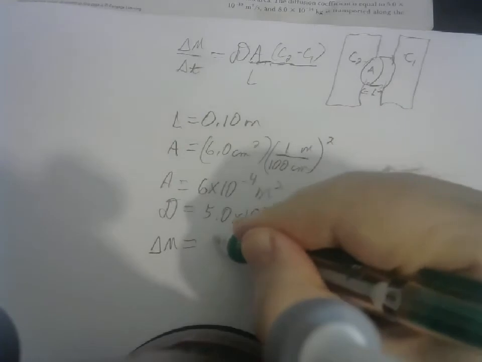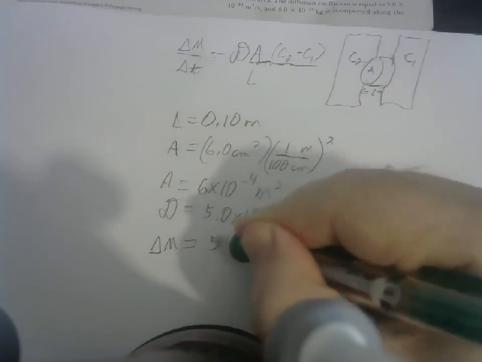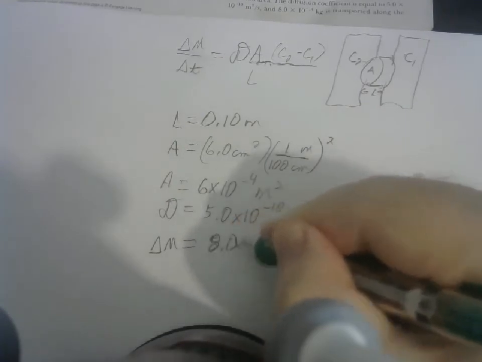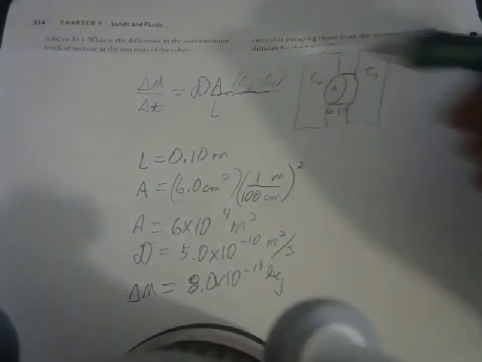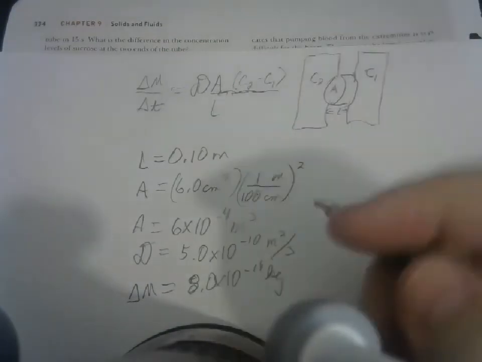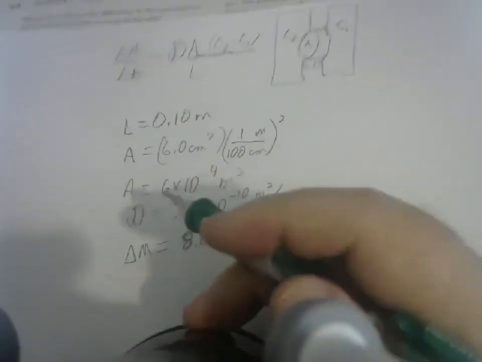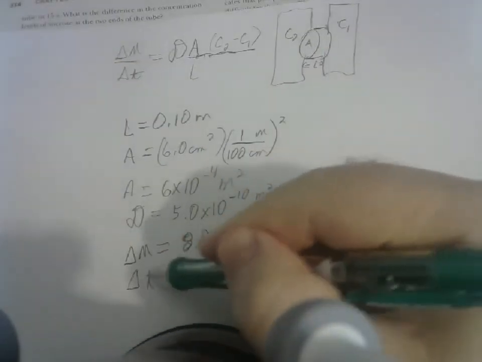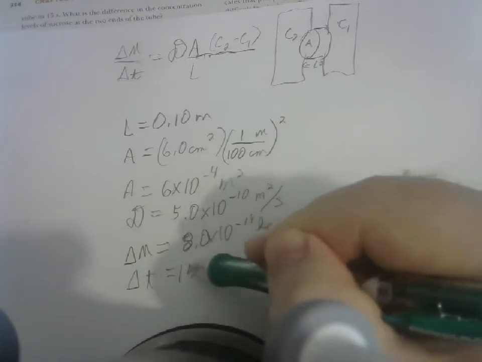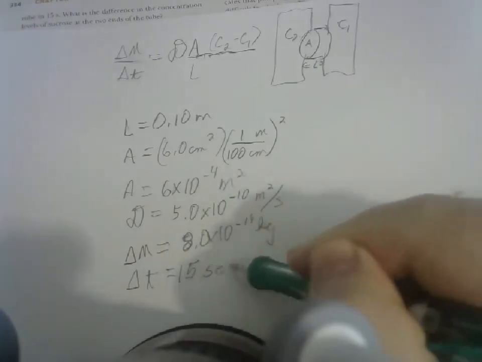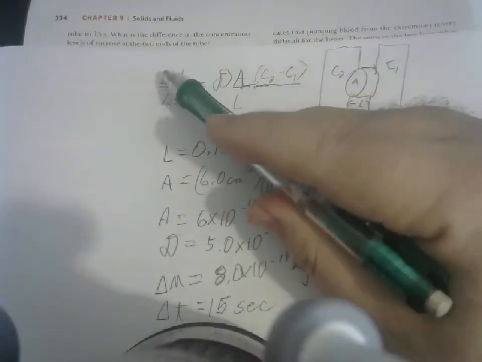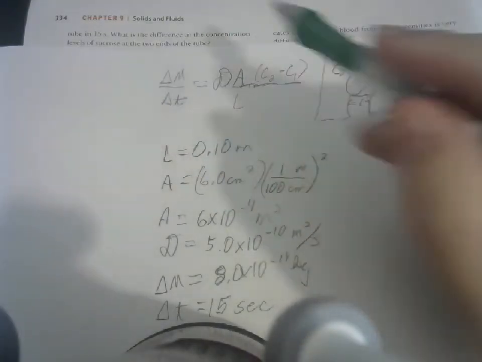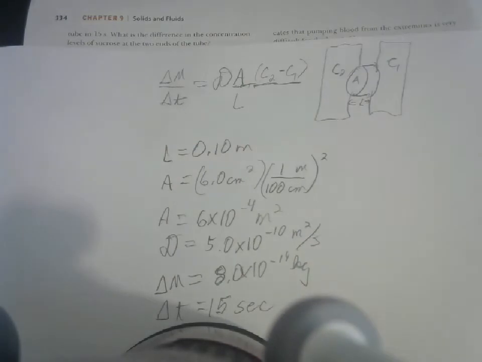Delta M equals 8.0 times 10 to the negative 14th kilograms. It's transported along the tube in 15 seconds. So finally, delta T equals 15 seconds. What is the difference in concentration levels of sucrose at the ends of the tube?